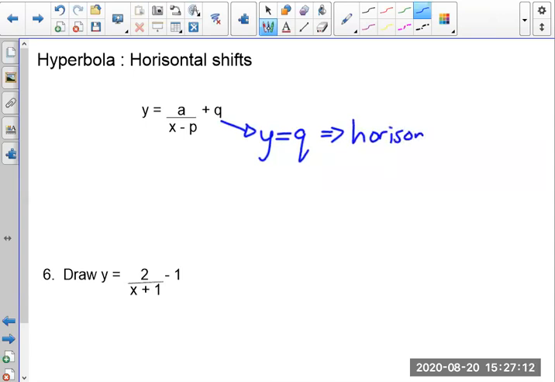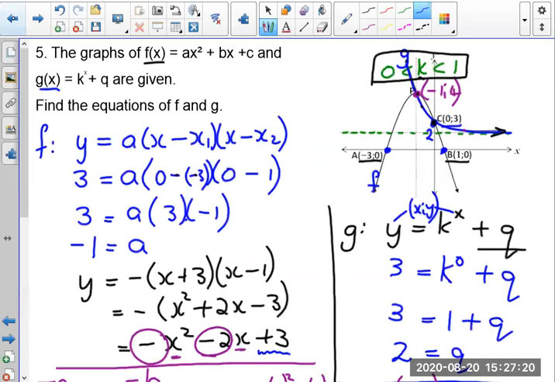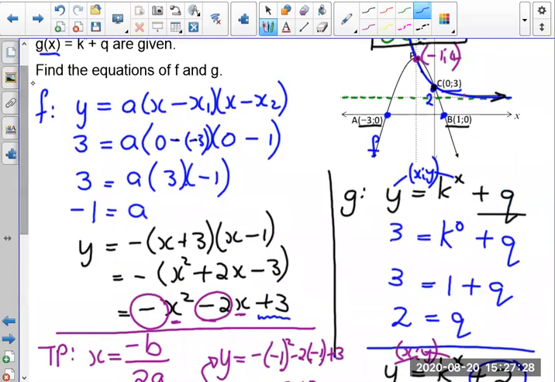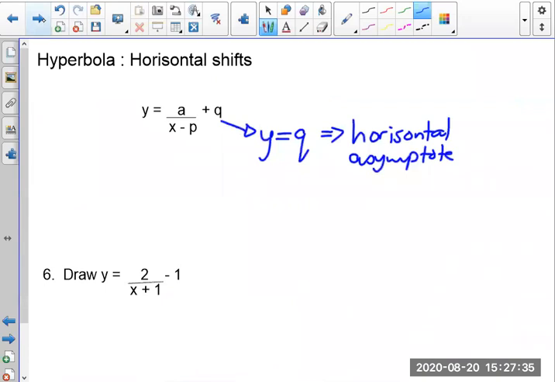Can you remember that? And we just did it with the previous one as well. That q value there gave us the horizontal asymptote. There you see it. Okay. And we said that the y-axis was the other asymptote.